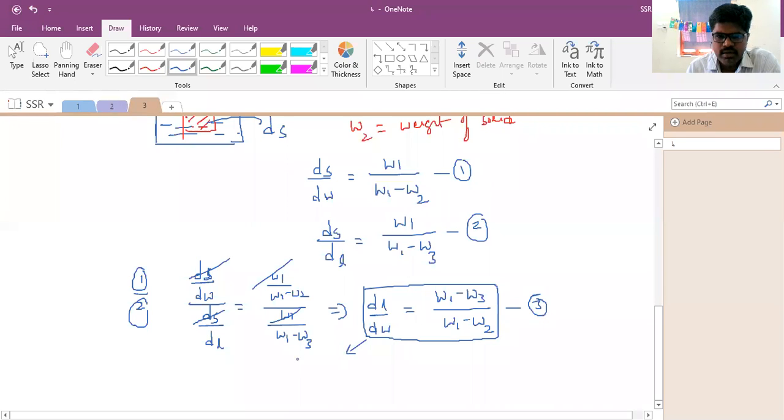So the relative density of liquid, dl by dw, is equal to W1 minus W3 by W1 minus W2, where dl is the density of liquid and dw is the density of water.